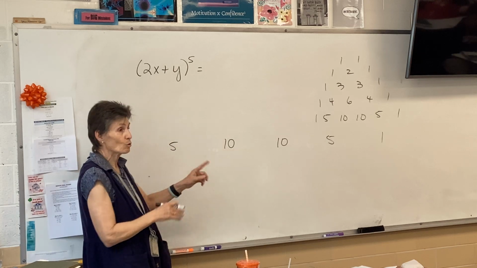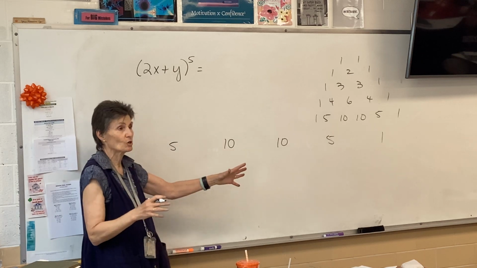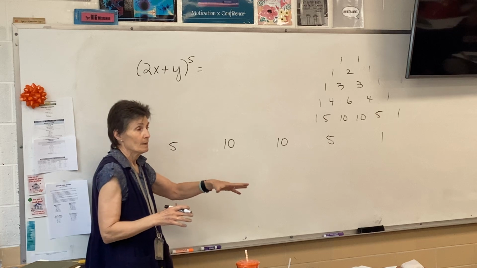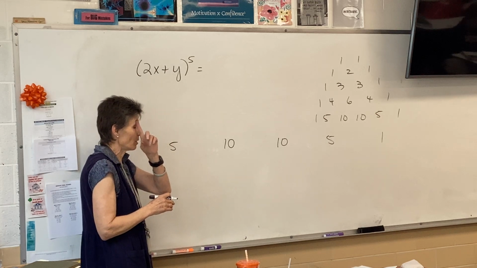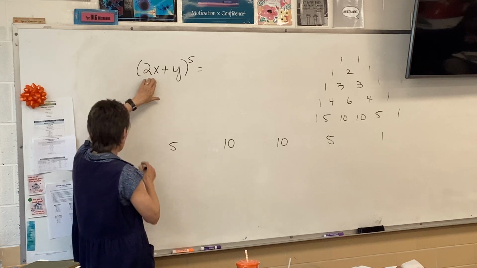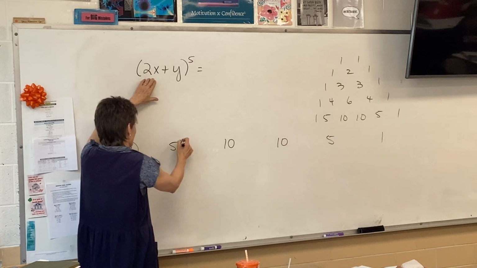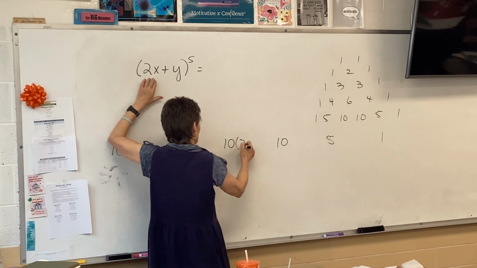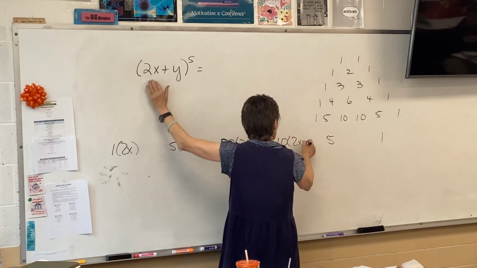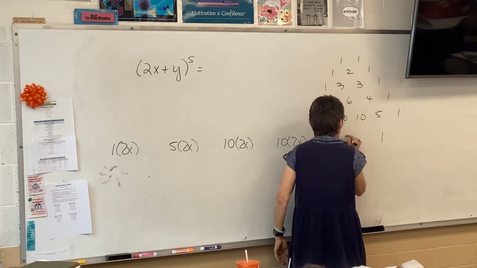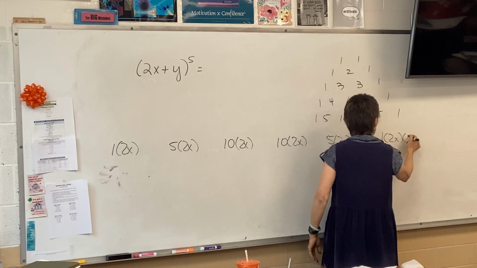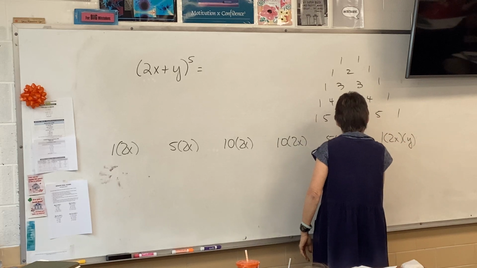Each of these is going to have a term, so there's going to be 6 terms. Now what? All the terms have a coefficient. What else do all the terms have? They all have a 2x, gotta be in parentheses. And they all have a y.